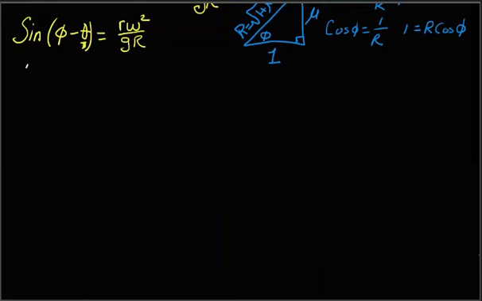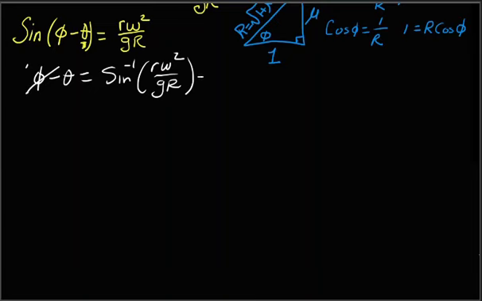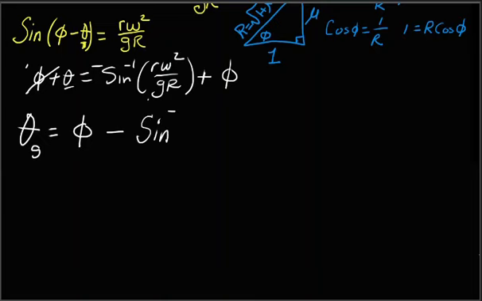We'll get that phi minus theta is sine to the minus 1 of r omega squared over g R. Subtract phi over, run through with a minus 1, and we'll get, finally, theta slip is phi minus, if I reverse this order, sine to the minus 1 of r omega squared over g times the square root of, now R, recall, is 1 plus mu squared.